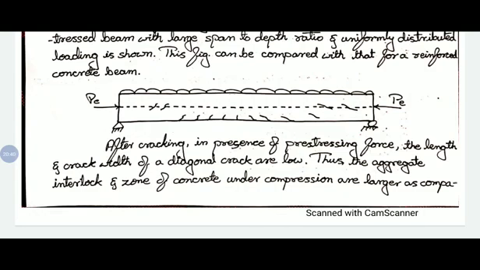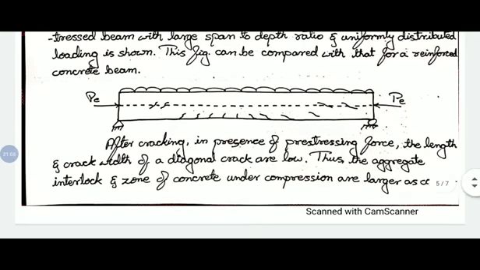If you are not applying the pre-stressing force, the strength due to interlocking of aggregates and concrete reduces. When you apply the pre-stressing force, the interlock strength also increases and the concrete zone also increases. Hence, the shear strength of concrete increases in the presence of pre-stressing force. Obviously the strength increases, and this is accounted for in the expression of VC.